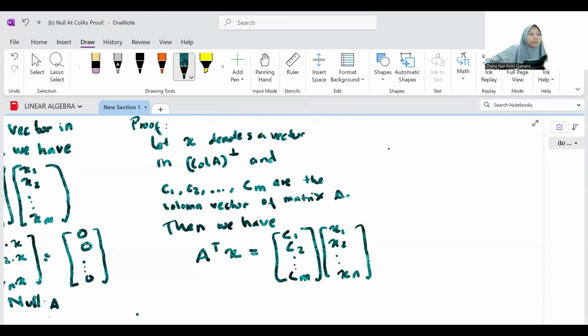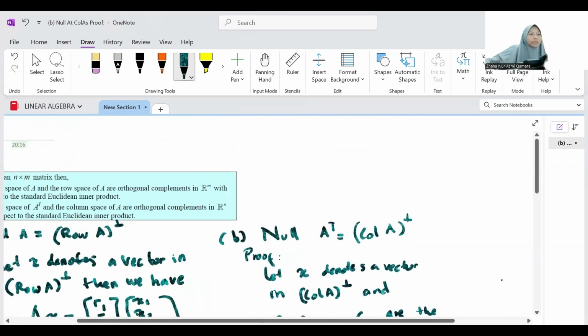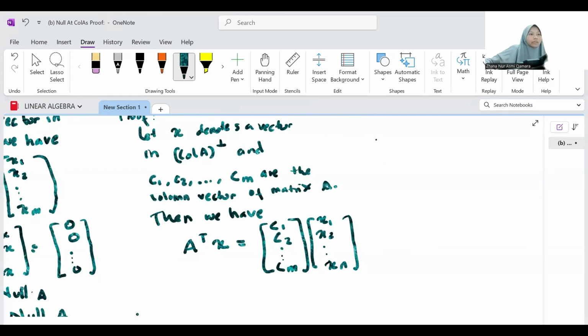A is an n by m matrix, so the number of columns is m and the number of rows is n, so the dimension of x will be n.